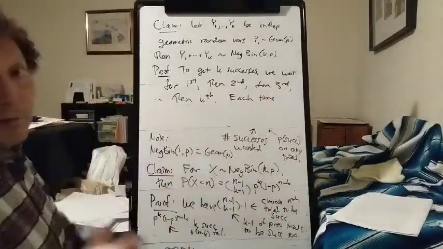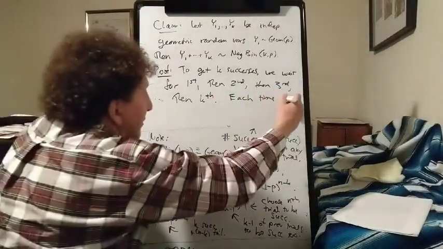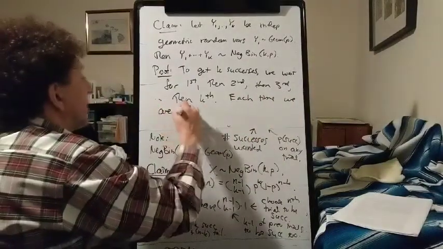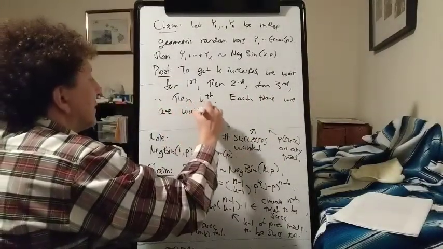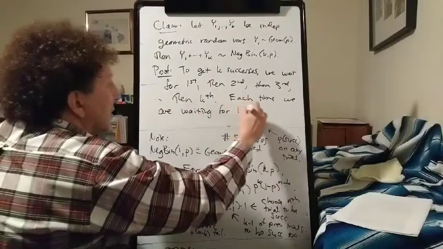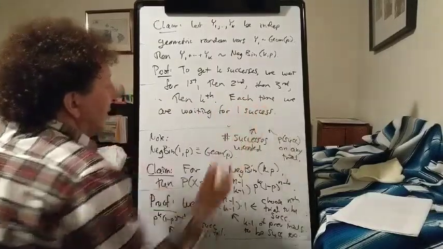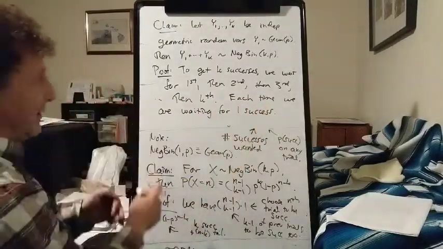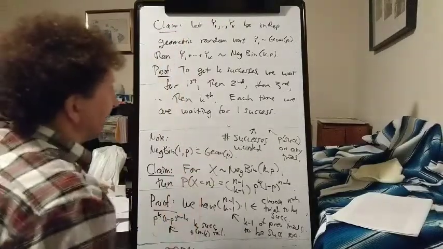And each time we're waiting for one success. That is, each one of those waiting times is just a geometric random variable.